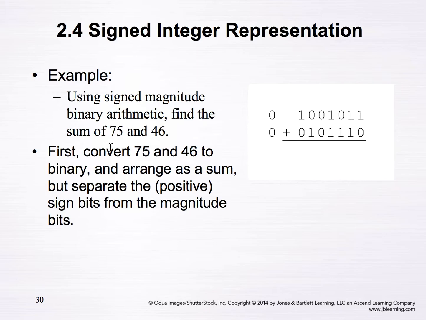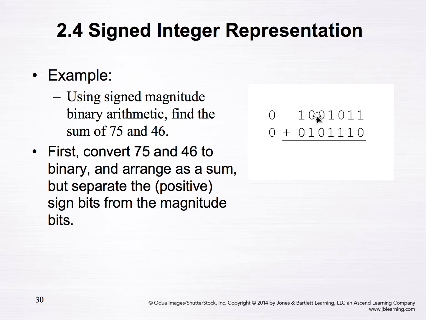The first step is to convert 75 and 46 to binary and arrange the sum as a separate positive number, as we do with decimal.